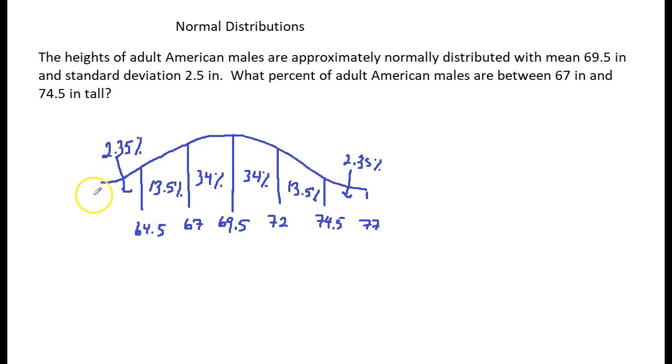And then at the end here, we would have 62. All right, each of these marks represents a standard deviation. And right here, this is the mean, also known as X bar.